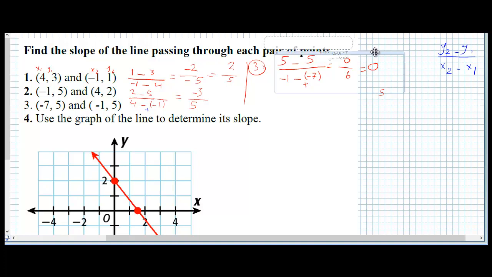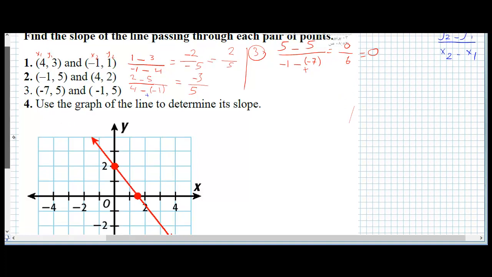Any fraction whose numerator is 0 equals 0 directly. So the slope here is 0. This means that the line is parallel to x.